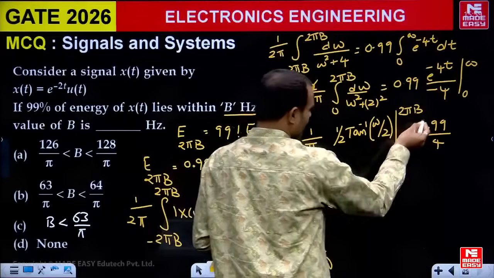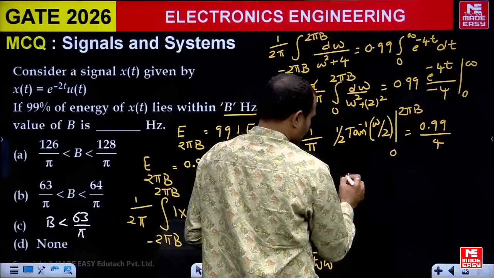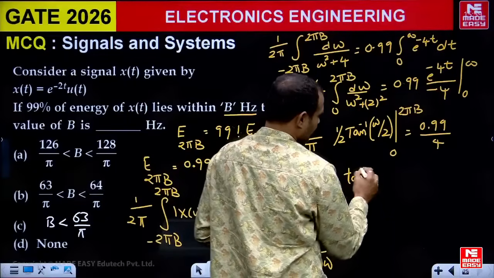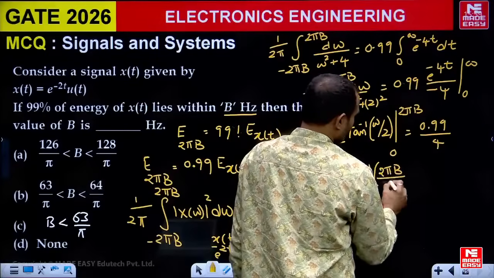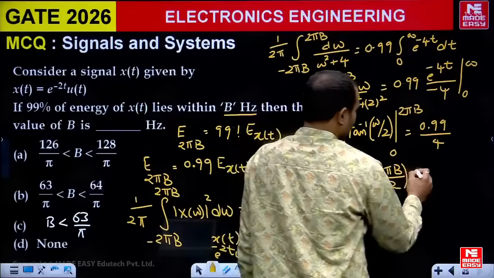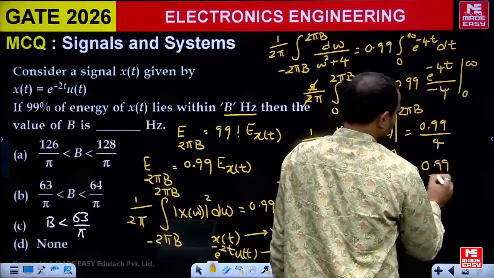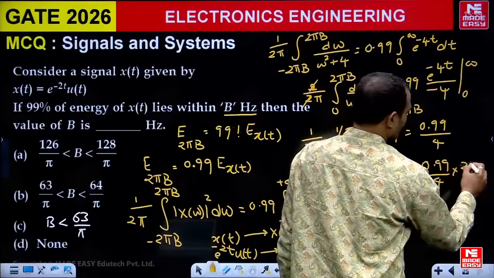So this pi will come to the other side, and this value is equal to tan inverse of, by substituting all the values and calculating, we get 2 pi B by 2, and that is equal to 0.99 by 4 into pi.